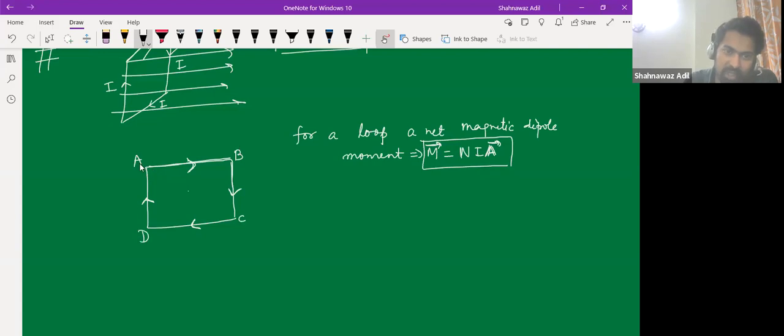If we are going A, B, C, D, A, the dipole moment would be inwards. And this n here is the number of turns, and this is the area of the loop.